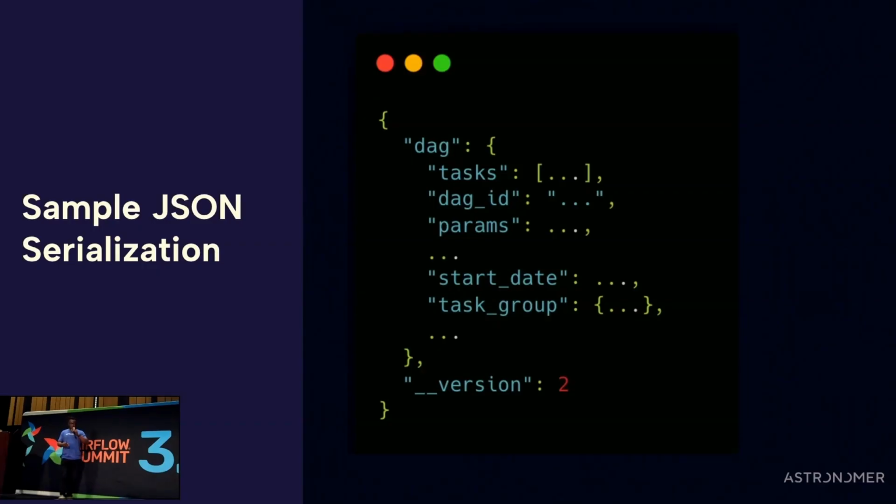This is how the serialization looks. If you see here, we have the task and other keys, and if there is any change in these tasks or any of the parameters, or any change in the value of the keys, Airflow will create a new observed Dag version for the Dag.